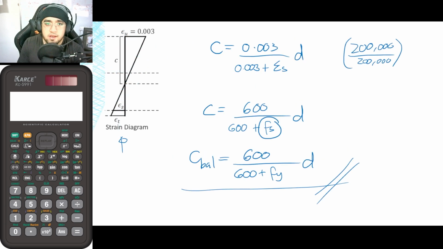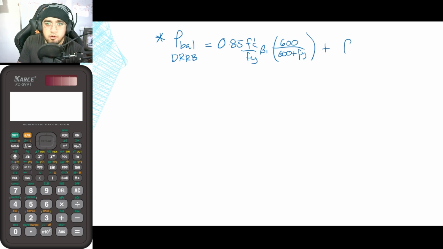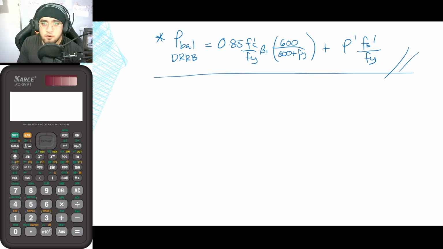So from that, guys, we can now conclude that rho balance for DRB is equal to 0.85 times F prime C divided by Fy times beta 1 times 600 over 600 plus Fy plus rho prime times the ratio of Fs prime divided by Fy. Okay, so this is now the formula for rho balance for DRB.